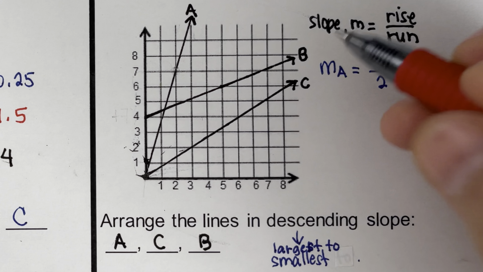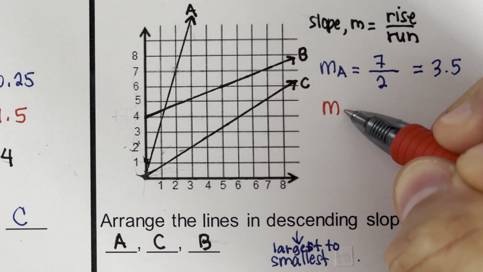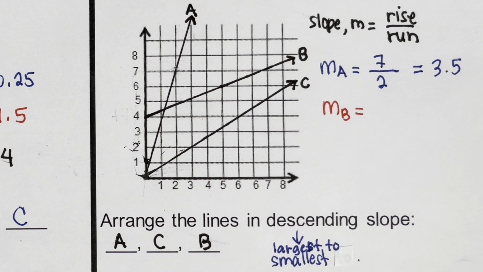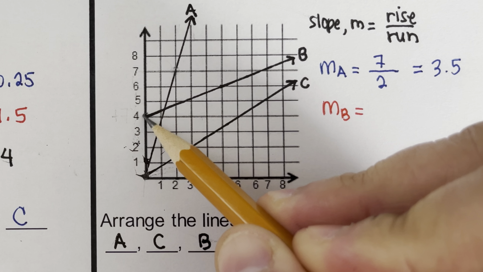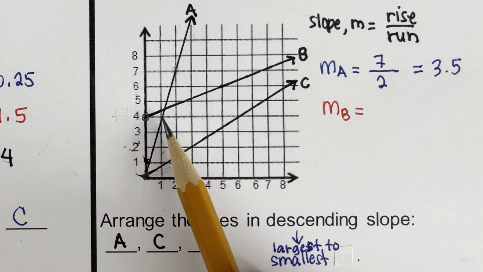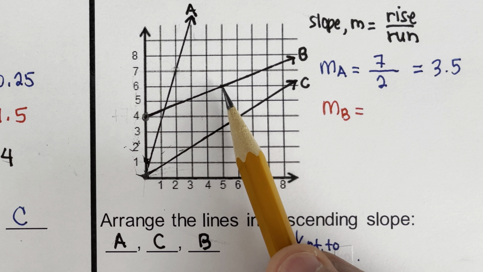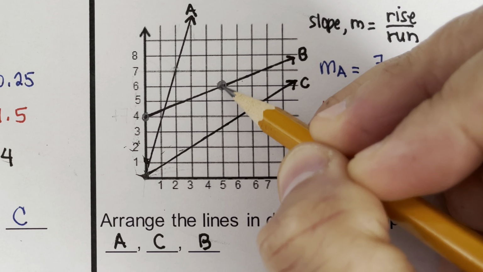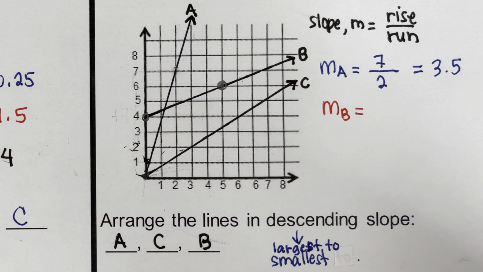So let's determine the slope of line B. Again, we are going to write this as M sub B. That means the slope of line B. So we go ahead and determine the lattice points. That's the first lattice point for line B. And then we trace the graph. The second lattice point is located up here. So we're going to go rise over run.